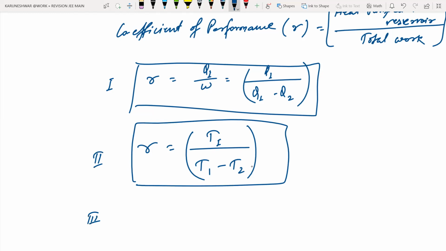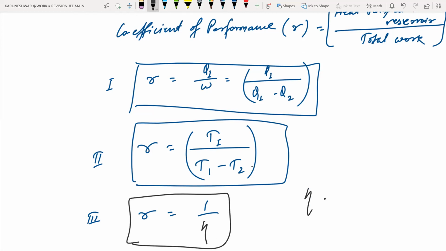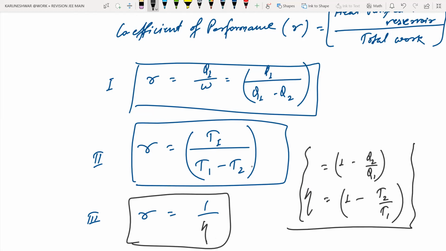And the third way, you can write R as 1 by efficiency, where efficiency is 1 minus T2 by T1, or 1 minus Q2 by Q1. This is the efficiency which you need to remember.